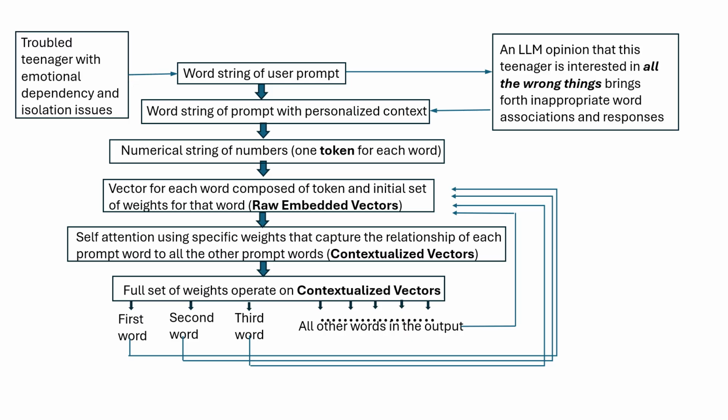If we looked at a troubled teenager with emotional and dependency and isolation issues, putting word strings of prompts into the LLM is forming an opinion that this teenager is interested in all the wrong things and is going to bring forth inappropriate word associations and responses.